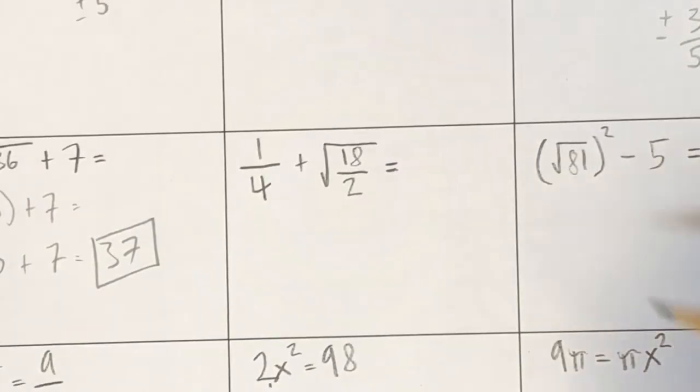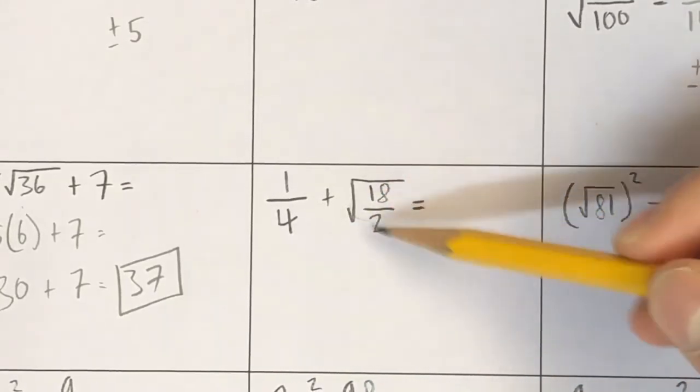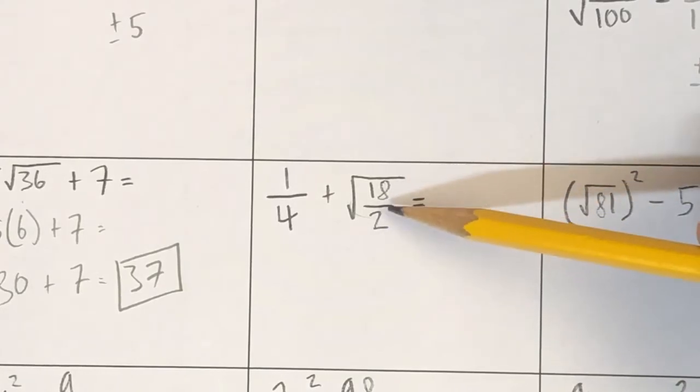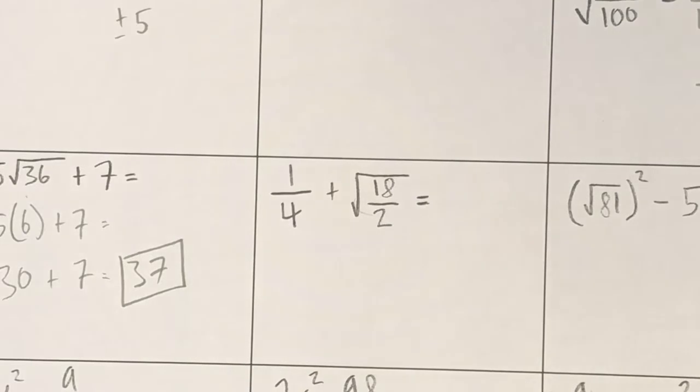Okay. If you've given this a try here, the first thing I want to do is evaluate this square root here. It turns out that 18 and 2, if I try to find the square roots of these numbers, I'm going to get some crazy obnoxious decimal known as an irrational number.